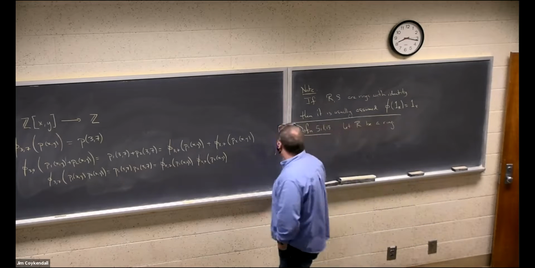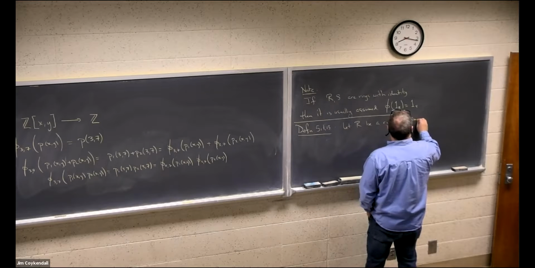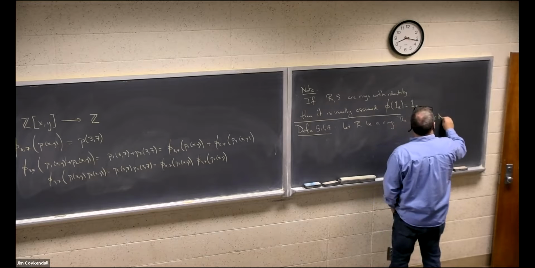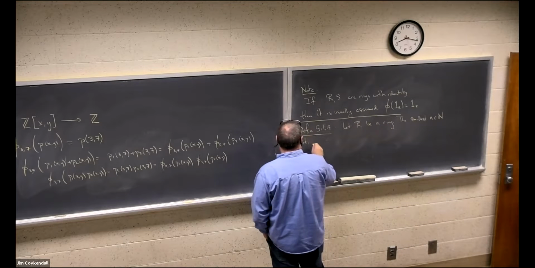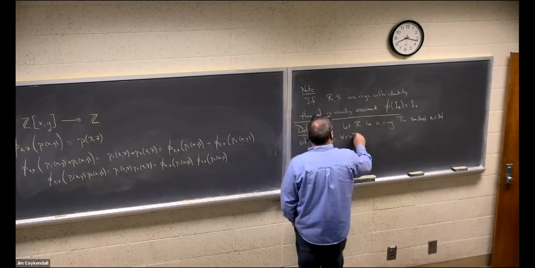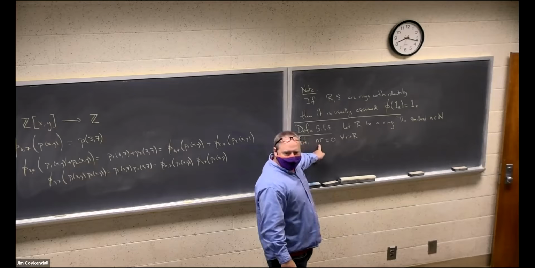The smallest natural number such that, and let me remind you what this means, n times R, what does a natural number times R mean?